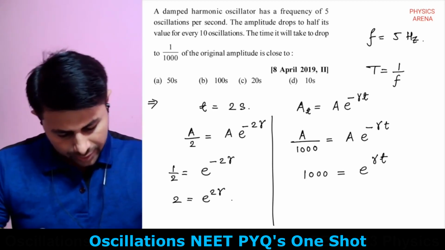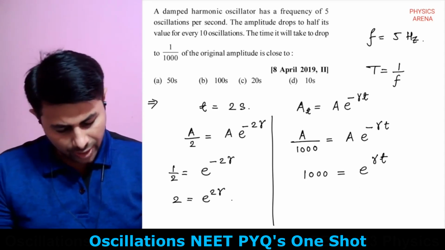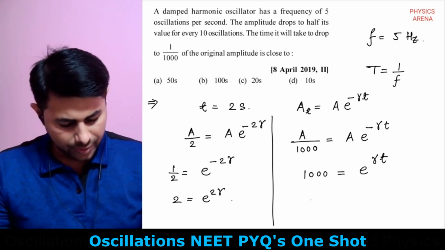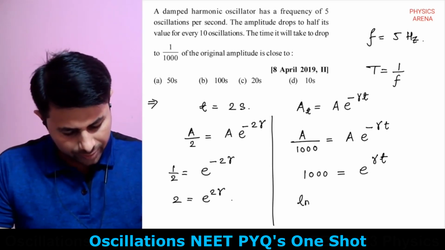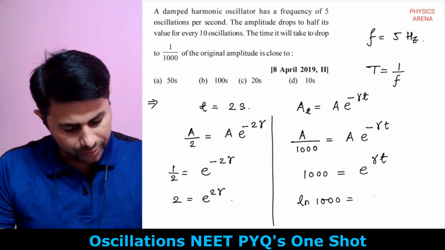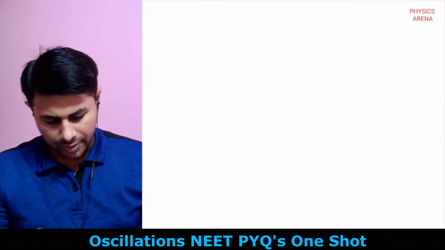Then we can take log of this. So ln of 1000 is equal to ln of e raised to gamma t.